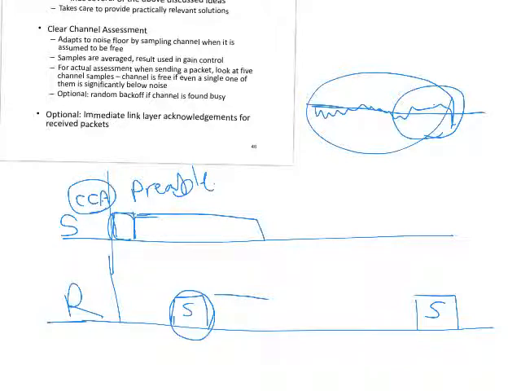So this preamble is large enough to make sure that the duration of this preamble is more than the period that the receiver will wake up to sense the channel.